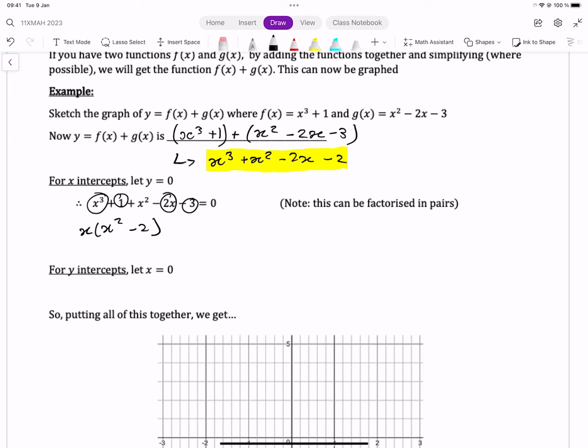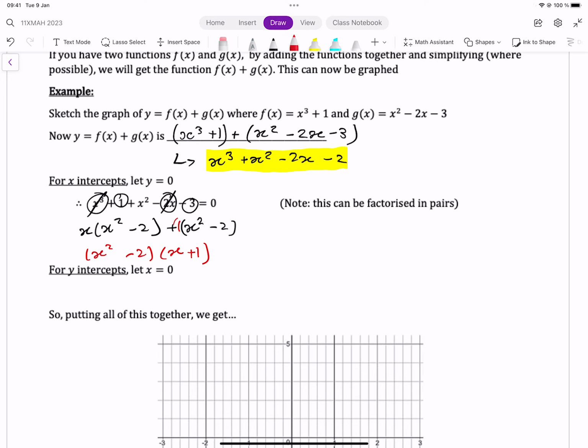So I'm going to have plus x squared. So I've already used these ones. So I'm going to have plus x squared minus 2. And then I can take out, I might change the color, a common factor of x squared minus 2. And then I'm going to have x plus 1 because we've got that invisible 1 there.